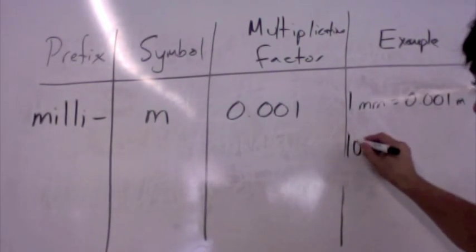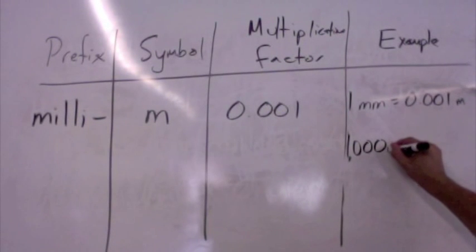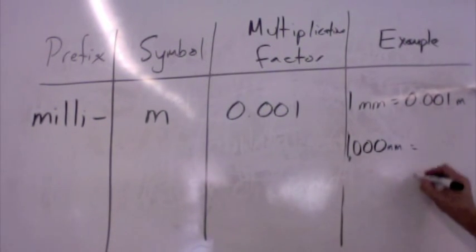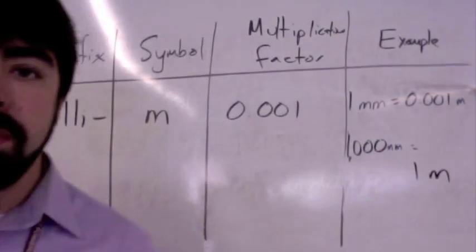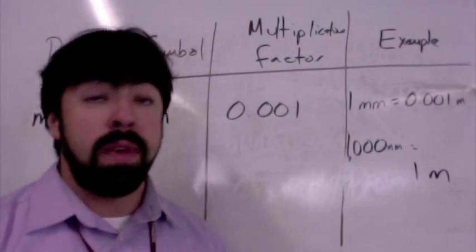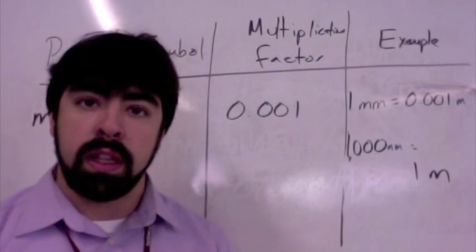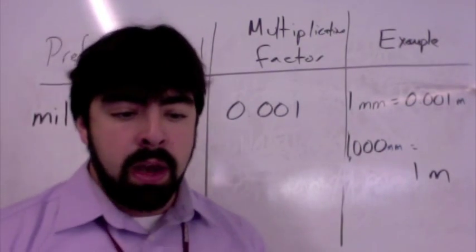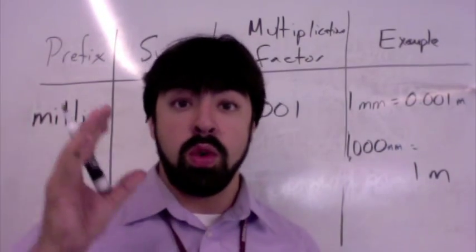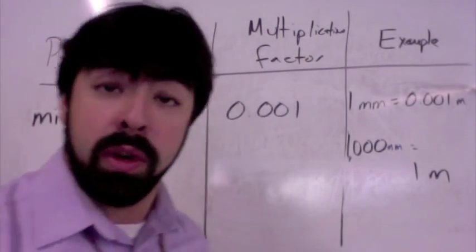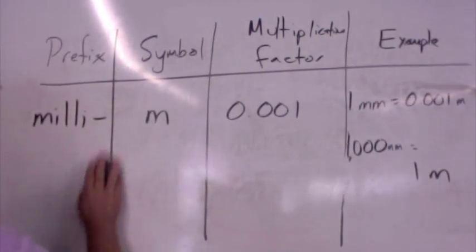Or for every 1,000 millimeters, you have 1 meter. So those are the basic metric prefixes that we'll be using in this class. Now, it seems like it's a lot to remember, but there is a very simple way that you can memorize this, and I want to show you that right now.